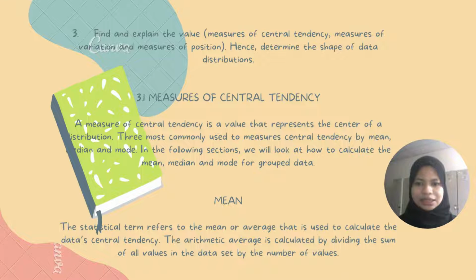Mean. Mean is the statistical term referring to the average that is used to calculate the data's central tendency. The arithmetic average is calculated by dividing the sum of all values in the data set by the number of values.